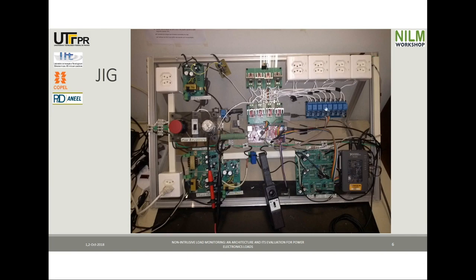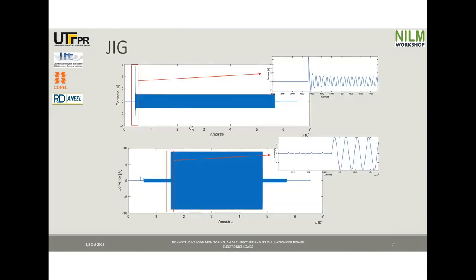You see here the relays, the triacs, the 8 outlets. This is the signal conditioning module and the microcontroller from National Instruments that does the recording. Here you see the current probe and the protection of the jig.